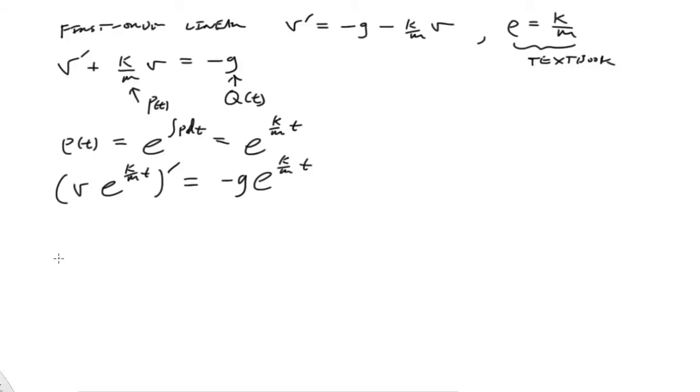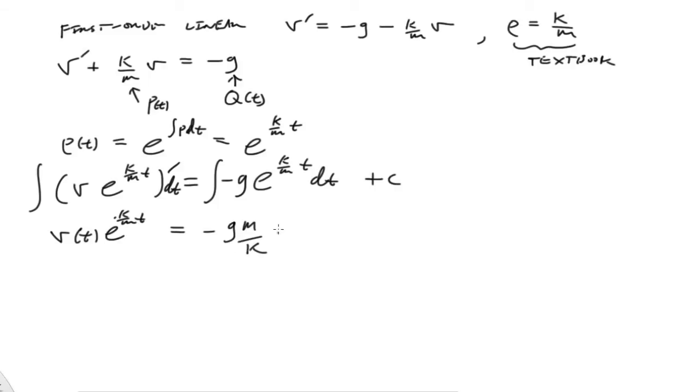All right, and now the next thing we need to do is integrate both sides with respect to t, and then add a plus c. We get v of t e to the k over m t is equal to, taking the antiderivative, negative gm over k.